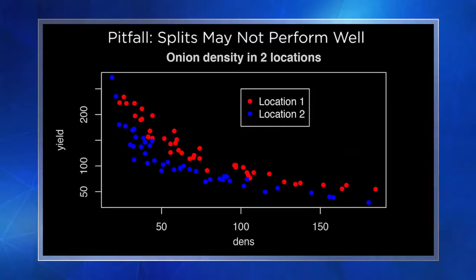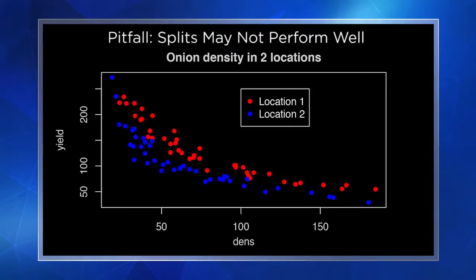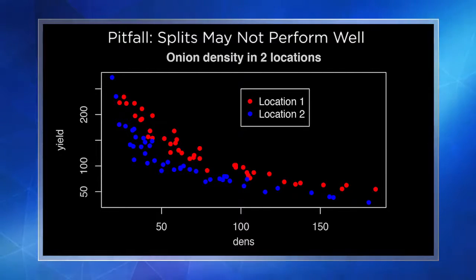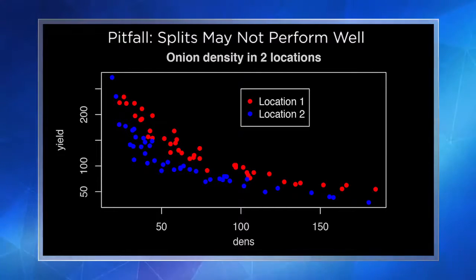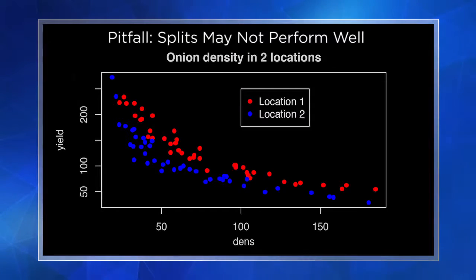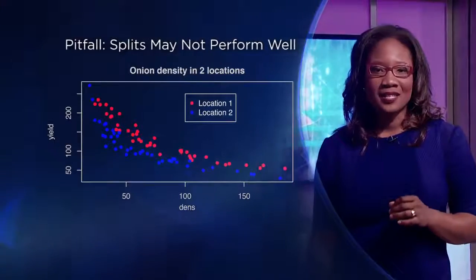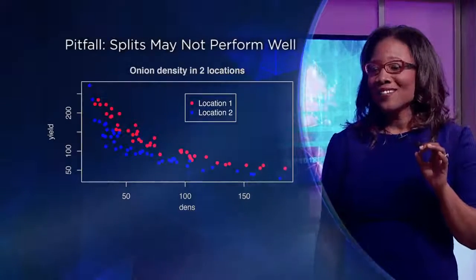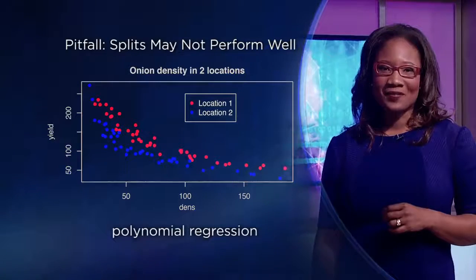Check out this example here. Notice we've got a plot of onion growth density at 2 different locations. And while you see sort of a separation in the data, if you tried to split this data by horizontal and vertical splits, it's not really going to help you classify the data very well. Well, next time, we'll see a technique called polynomial regression that can better classify this type of data.